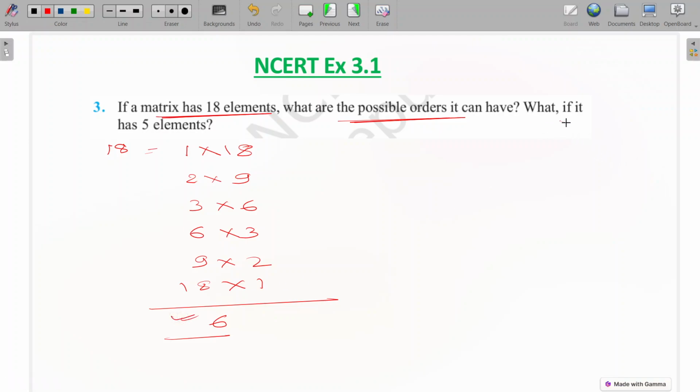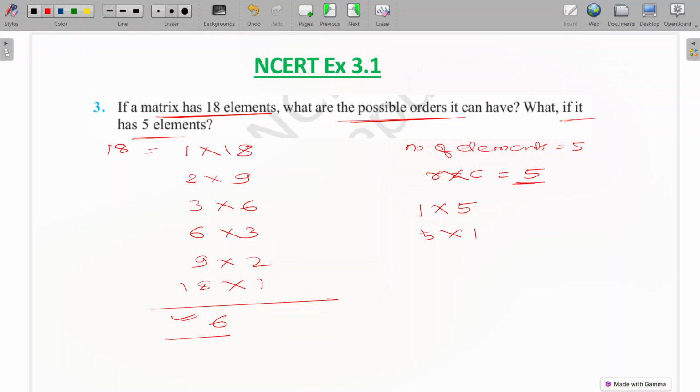What if it has 5 elements? So here the number of elements is 5, like rows into columns equals 5. Since 5 is again a prime number, there can only be two possibilities, 1 into 5 or 5 into 1. Factorization is not possible.